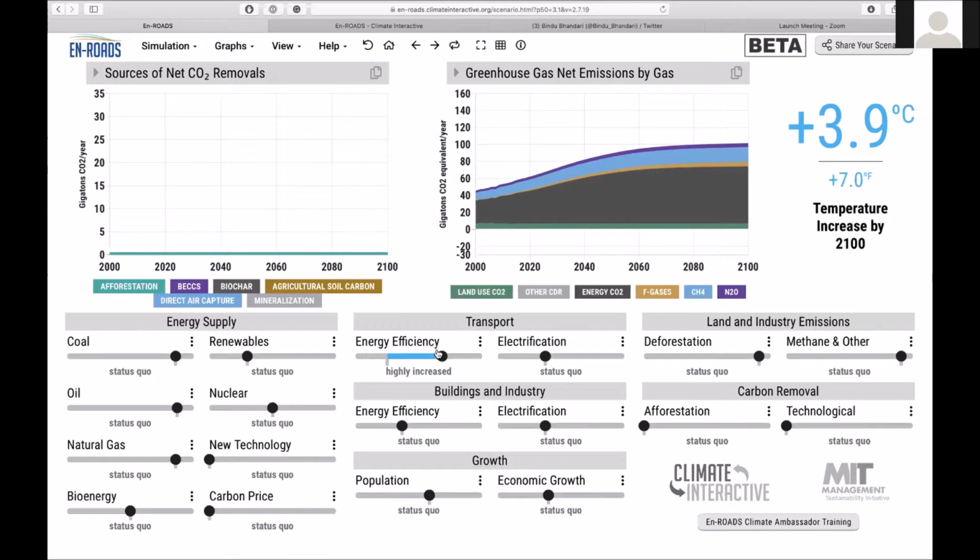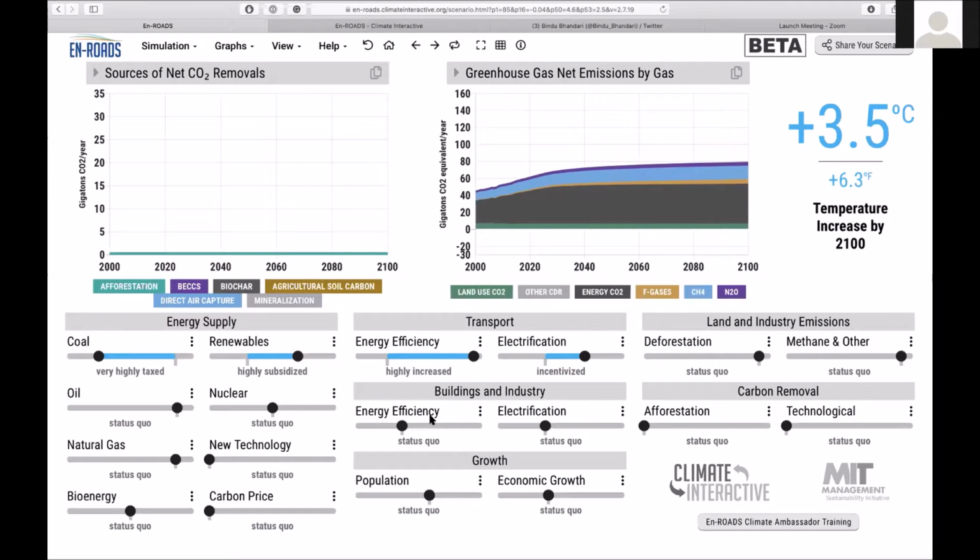For example, as I move energy efficiency, you can highly increase it, or maybe electrification, or subsidizing renewables, taxing coal, or increasing energy efficiency in buildings and industry. As you see, this works really fast. As I move the sliders, you can see the changes here.